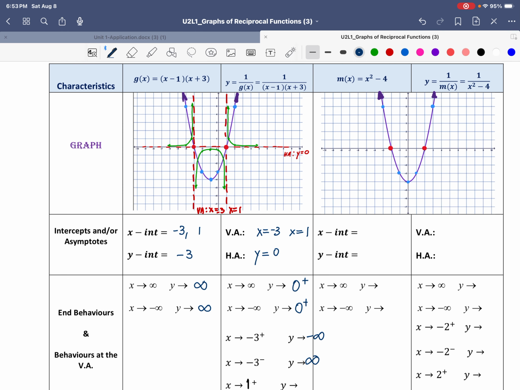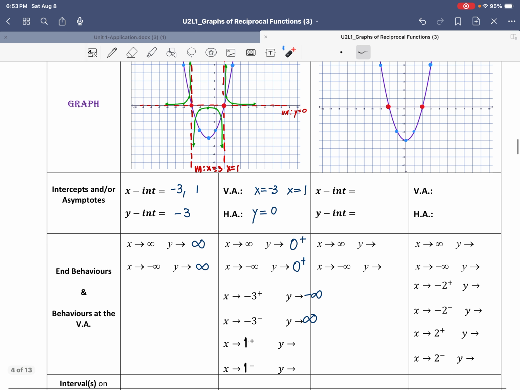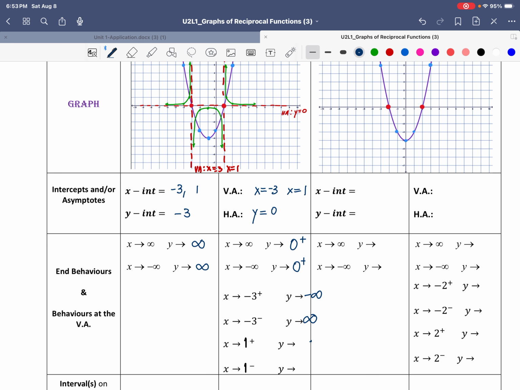Now, next we have the vertical asymptote at 1. As x approaches 1 from the right-hand side, the y values are going up to infinity. And as x approaches 1 from the left-hand side, the y values are going down to negative infinity.